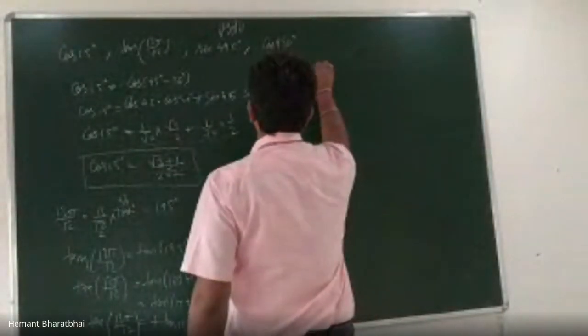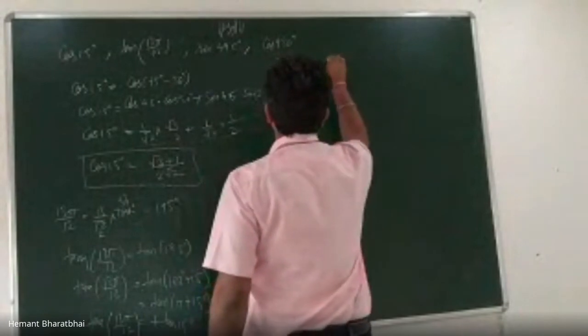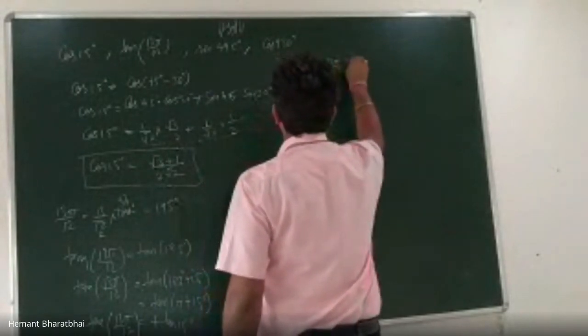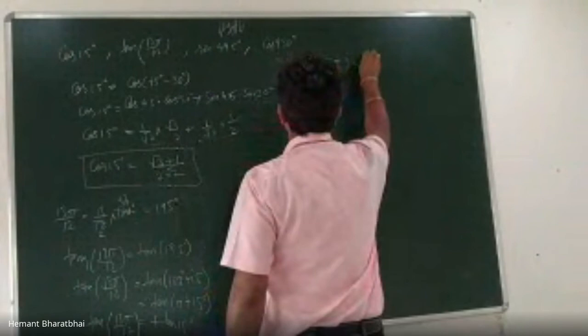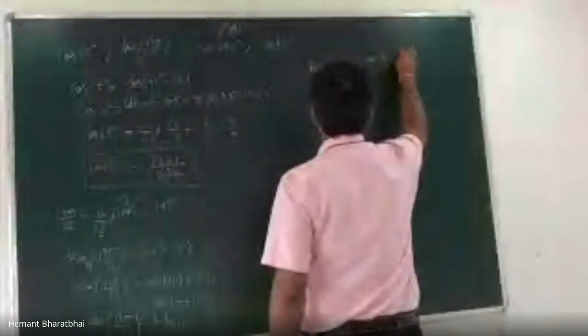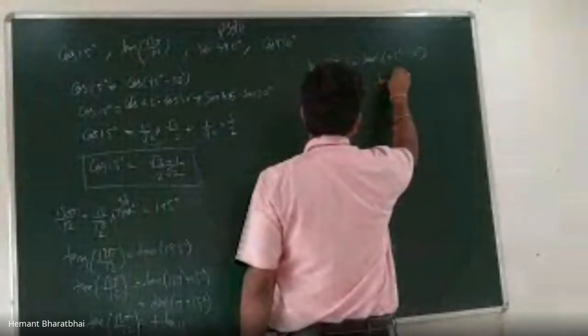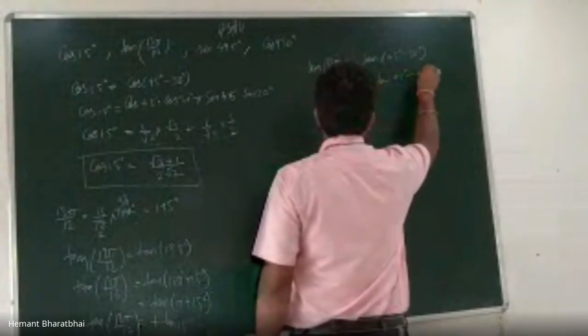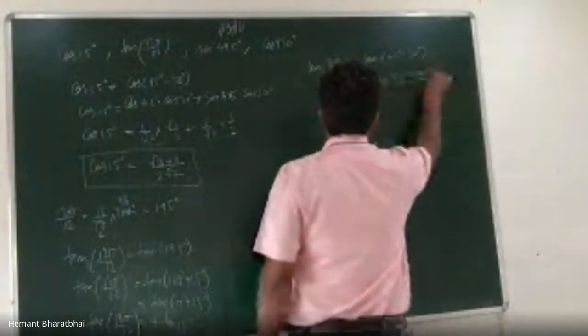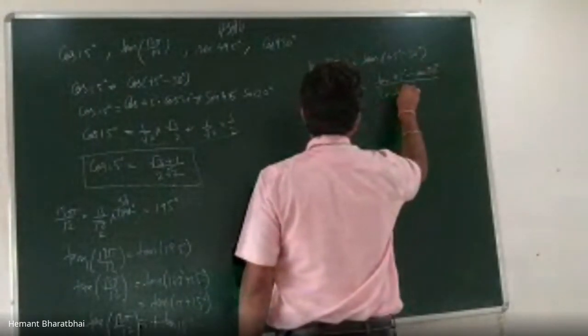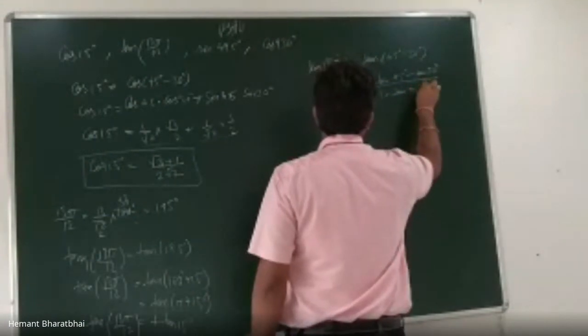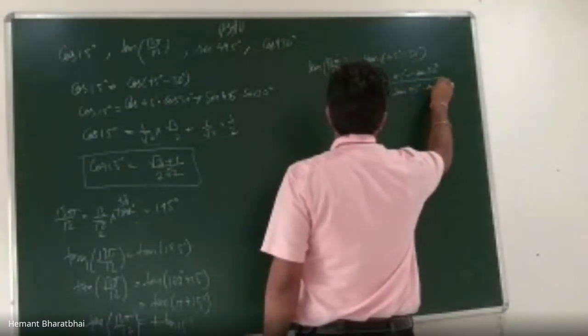So, like last time, I can write in the same way. Tan of 15 degrees can be written as 45 minus 30 degrees. So, tan of x minus y is tan x minus tan y upon 1 plus tan x into tan y.